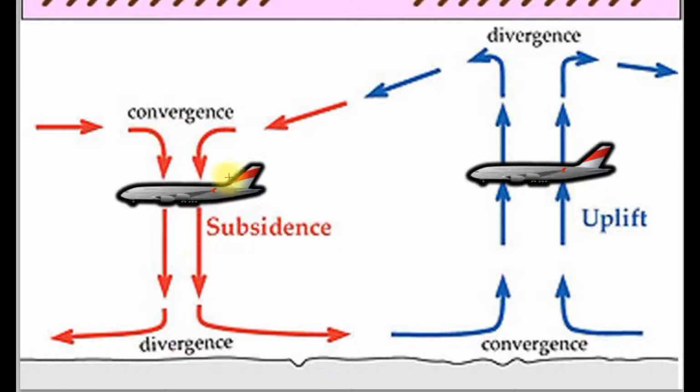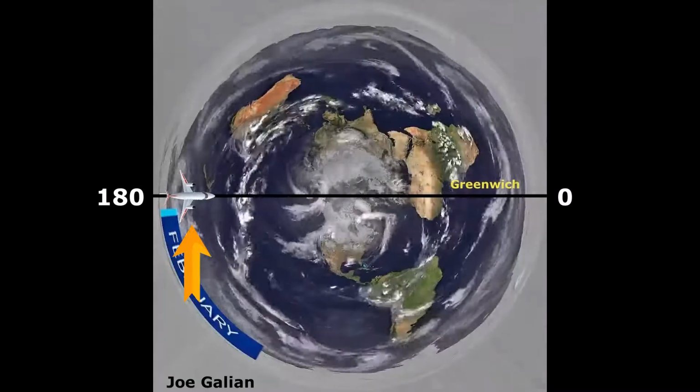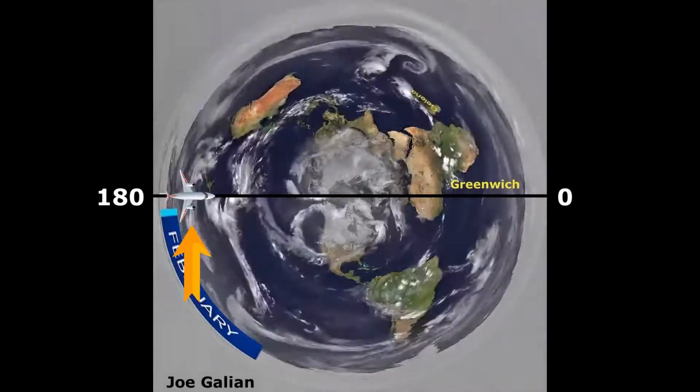So when an airplane is flying through the air, it is going through different kinds of winds. It's not only adjusting for winds from top to bottom or from bottom to top, but also for winds coming from east to west, as we're going to see now. As we see in this animation, the airplane is going from one side of the flat earth to the other.